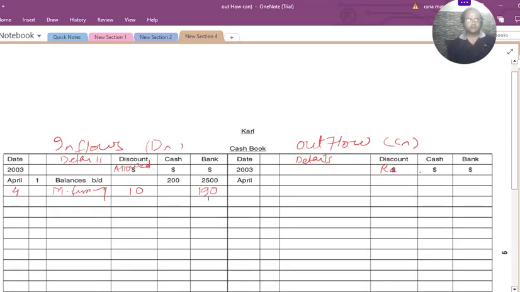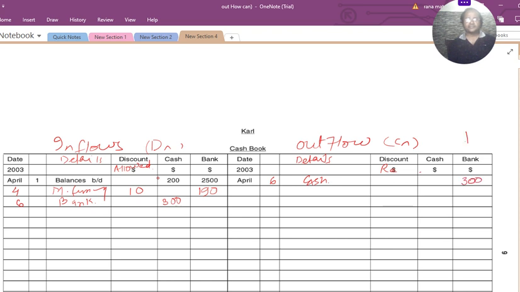So we write down 300 in cash, our cash increase due to our bank, and our bank decrease due to cash, because the company withdrew cash from the bank.